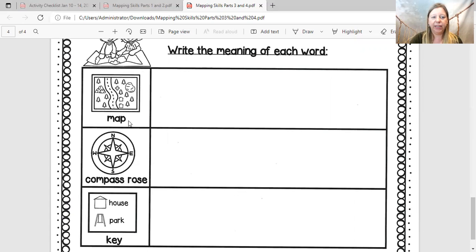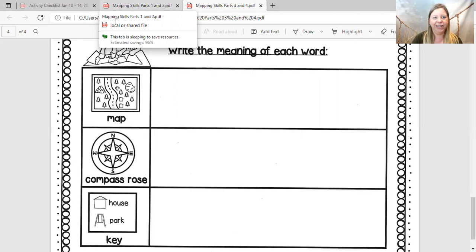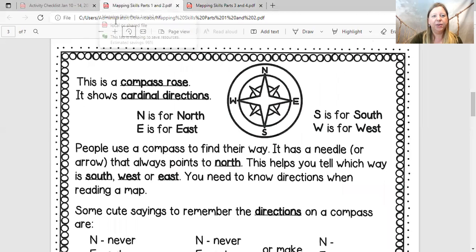You need to write what map means in this area here. So you will need a pencil and eraser. Or you can just fill it in online as well by typing it in. So here we go. So the mapping skills part 1 and 2.